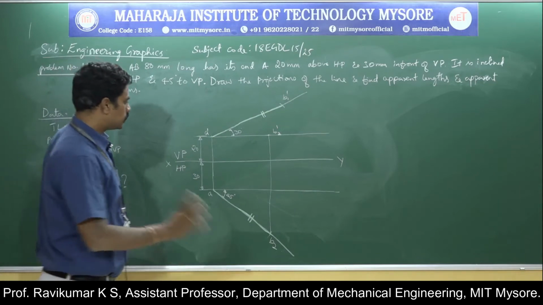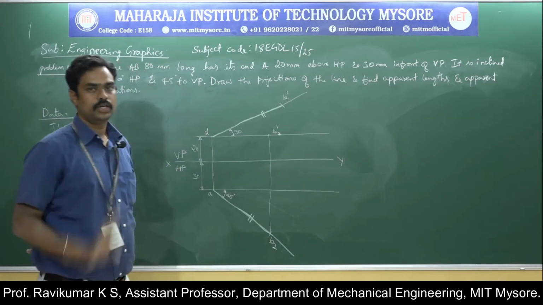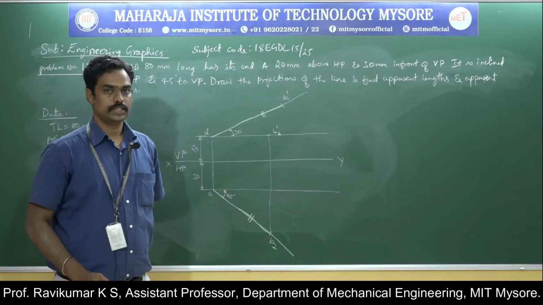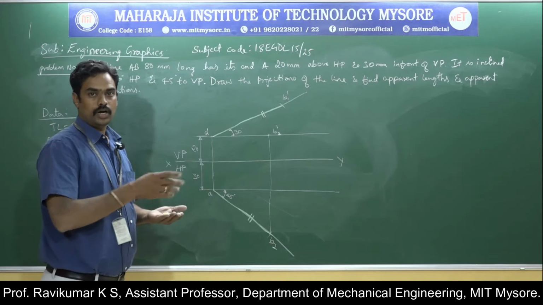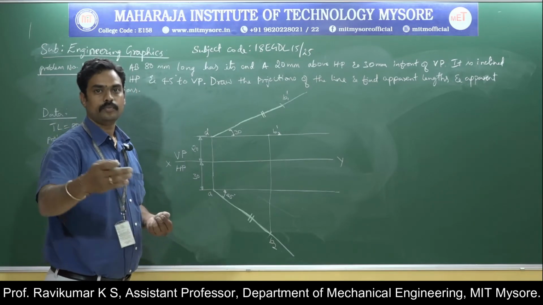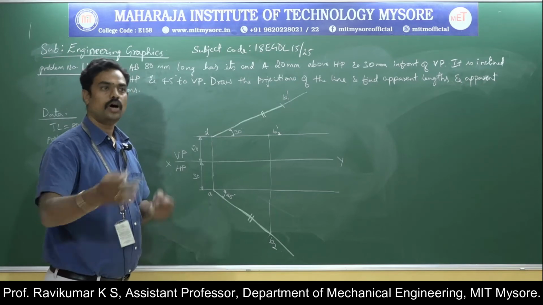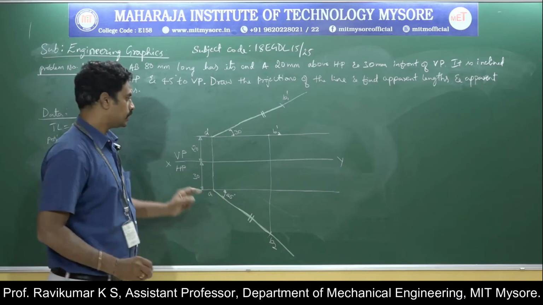Okay, you just concentrate on A dash, B2 dash, A, B2. This is one of the cases between 4 and 5. You just correlate with the last 2 cases, 4 and 5, line parallel to VP and inclined to HP, or line parallel to HP and inclined to VP. These 2 are the cases.